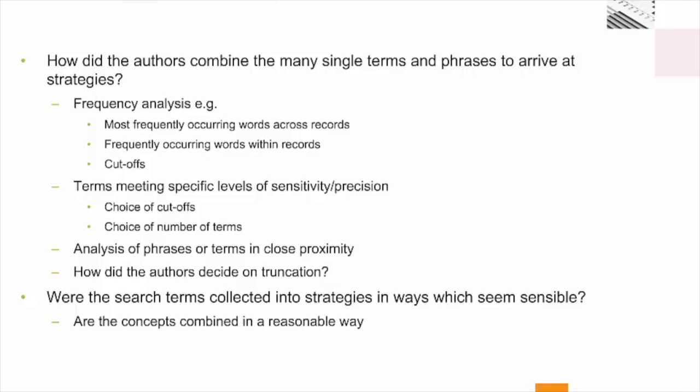They might introduce some sort of cut-off. They might select using specific levels of sensitivity and precision, or they might look for words that are in close proximity. And they should also, perhaps, if they're proposing truncation, discuss how they decided on the truncations to use.